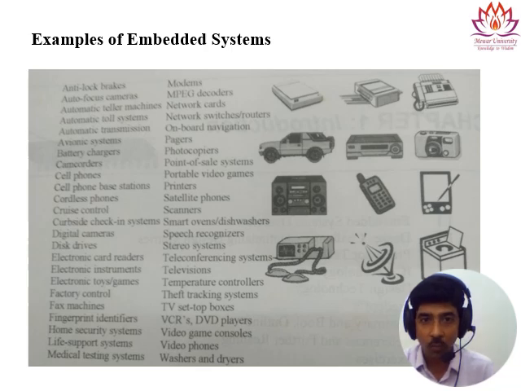If we talk about home appliances, there are also embedded systems like microwave ovens, thermostats, home security systems, washing machines, and lighting systems. In offices, there are also several types of embedded systems like fax machines, copiers, printers, and scanners.